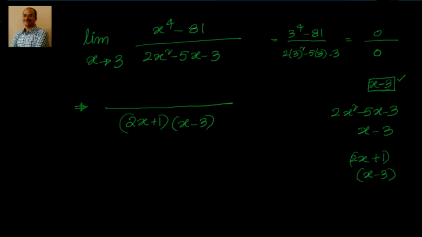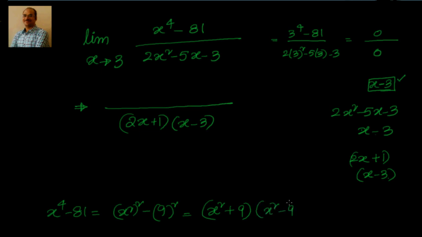So this is nothing but in the form of a square minus b square, that is x to the power of 4 minus 81 is nothing but x square whole square minus 9 square, that is again a square minus b square. So you can write it as a plus b, that is x square plus 9 into x square minus 9.